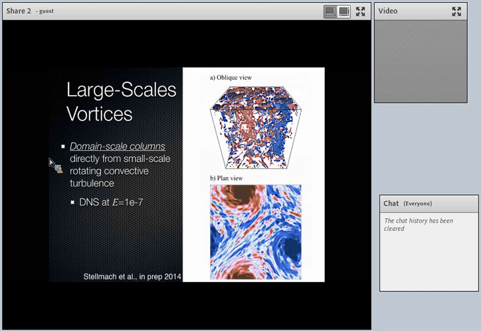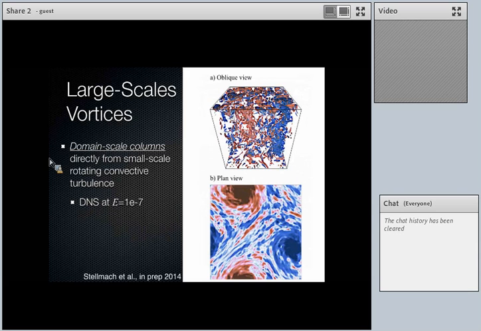So if we go down about 3 orders of magnitude in this parameter, I'm predicting that we'll start to see interesting large-scale structures emerge. And again, you can see these are very similar results to what Keith Julien's group got from the asymptotically reduced theory. This is at a finite Rossby number, which means there's turbulence, but the turbulence is strongly affected by rotation.